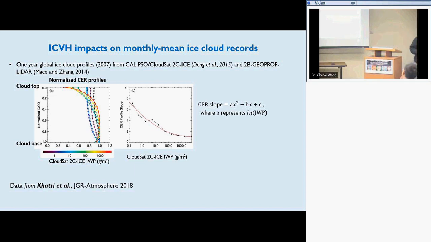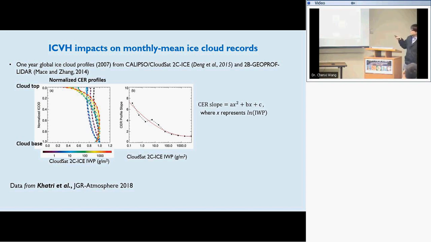We can use very simple linear regression to calculate the slope of the CER for each profile, which is actually the black dots. In this plot, the y-axis is the CER profile slope as a function of IWP. Then we can use a smooth curve to fit this plot, and we get this relationship, which is very important.